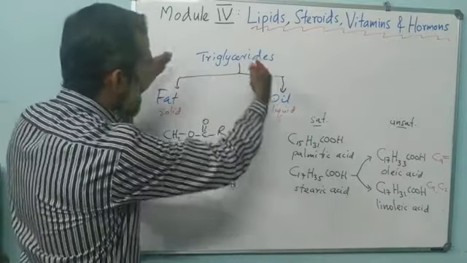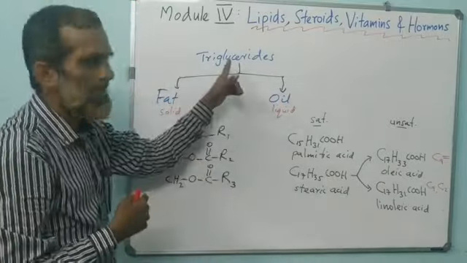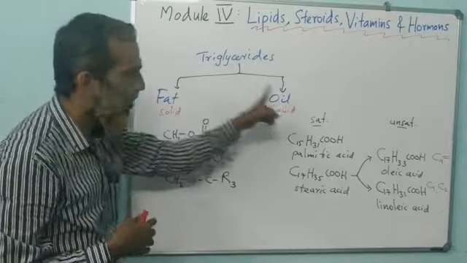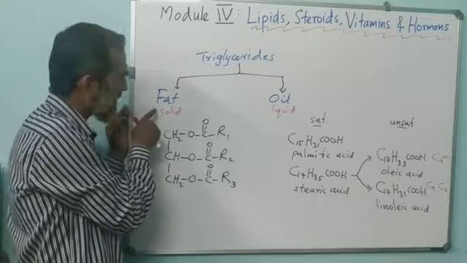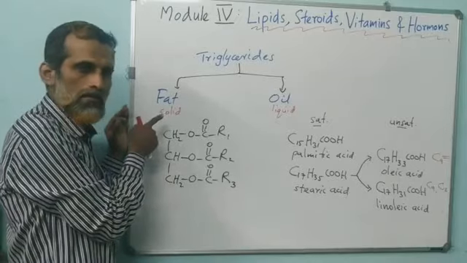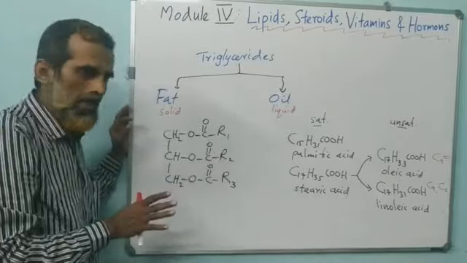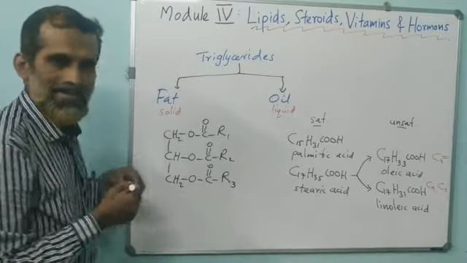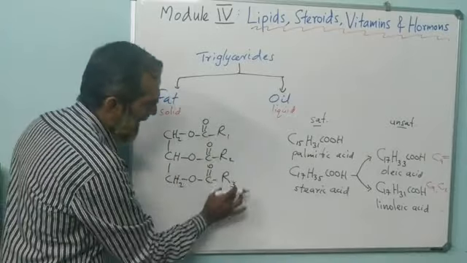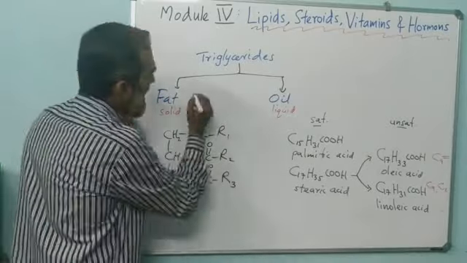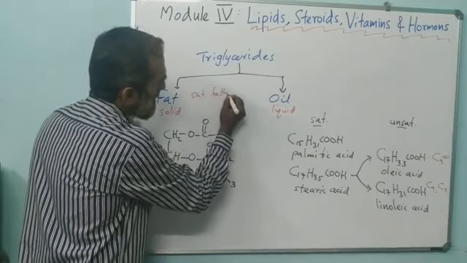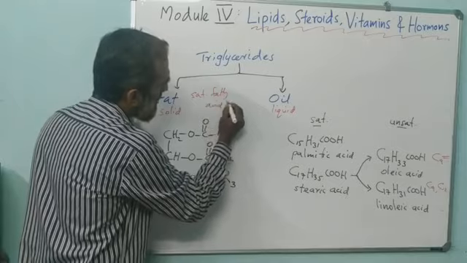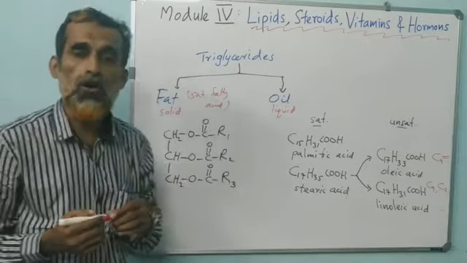Now coming to the two categories of triglyceride, that is fat and oil, what's the difference? Fat is solid and oil is liquid. Remember, in fat, the fatty acids are mostly saturated. Saturated fatty acids are present. Okay? Not all.